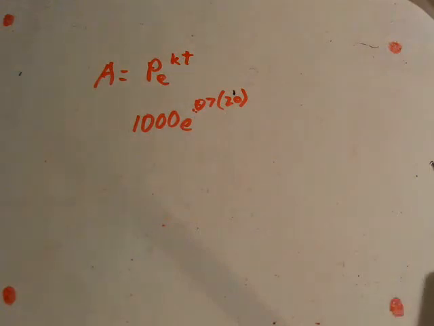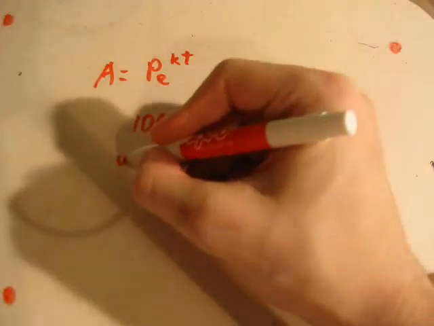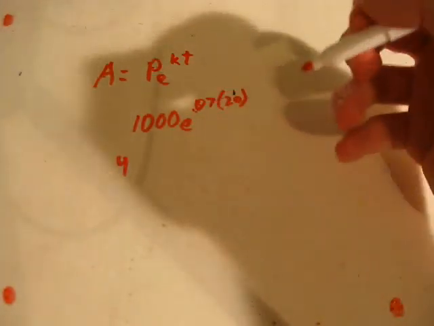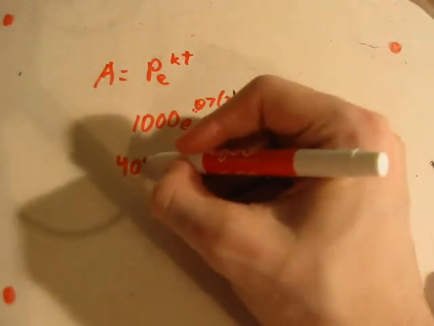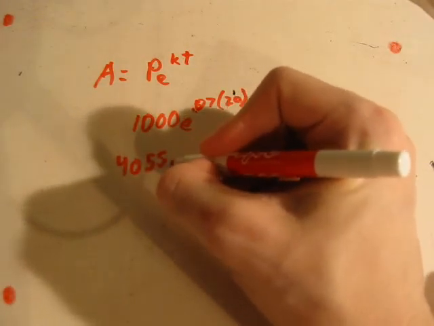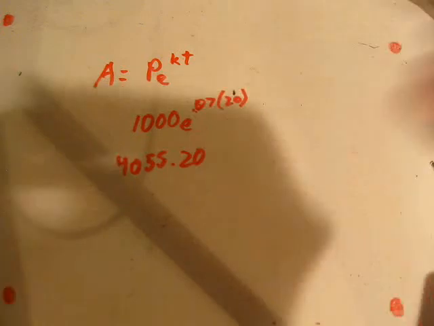That means that 1,000 times e to the 7% times 20 power, which means you will have, after 20 years at a 7% interest rate, after putting in $1,000, $4,055.20.